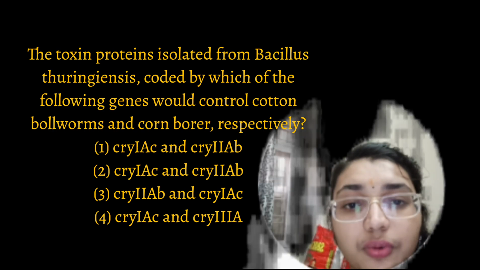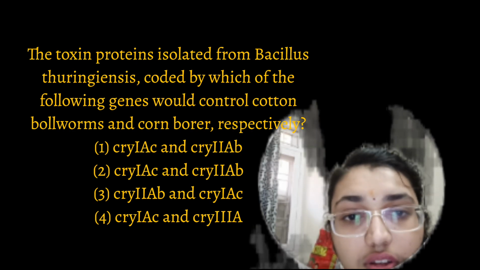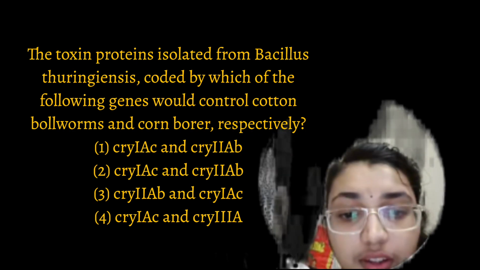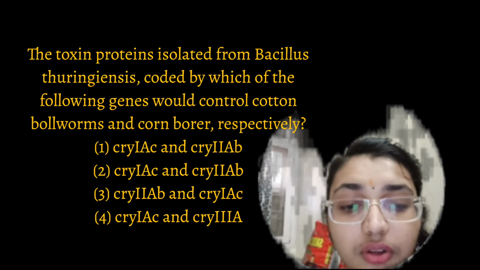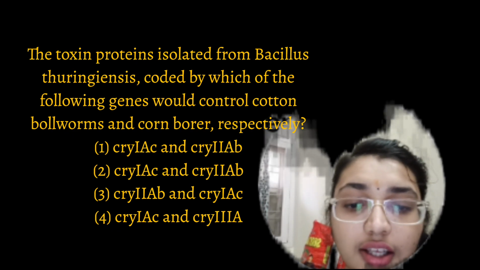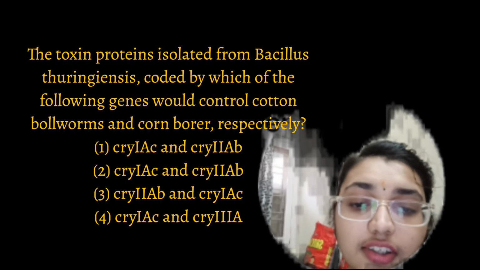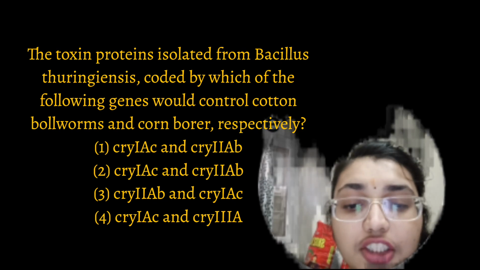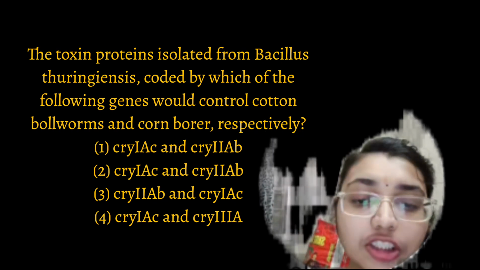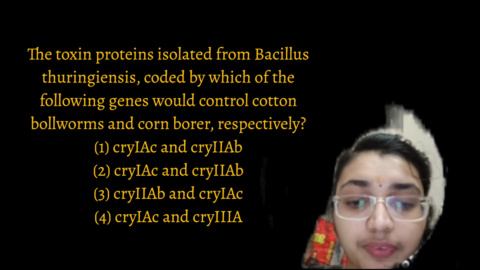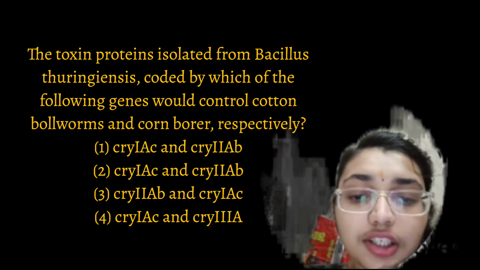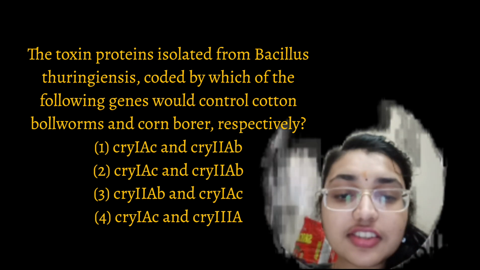These are the two types of toxins present. What are they? They control the cotton bollworm, that is Helicoverpa armigera, by the cryIAc gene, and the cryIIAb gene controls the corn borer. So these are the two main cry genes introduced in Bt cotton for pest resistance.